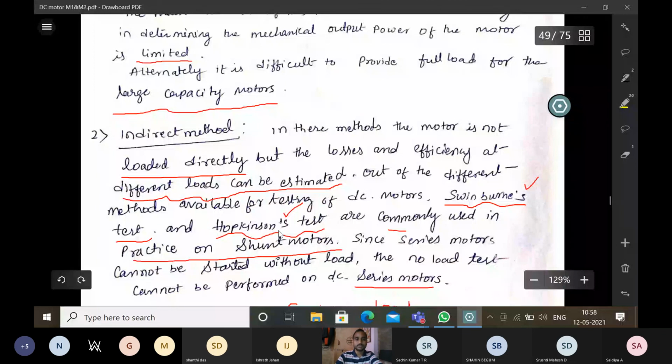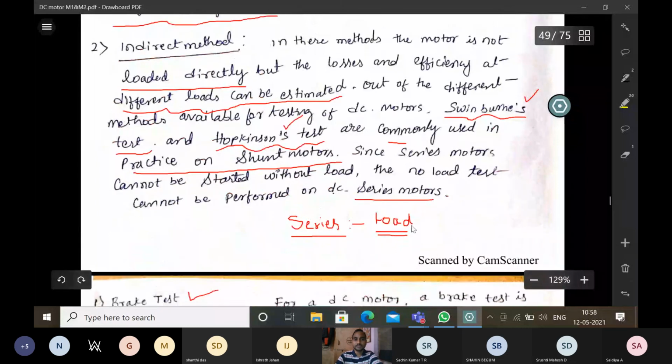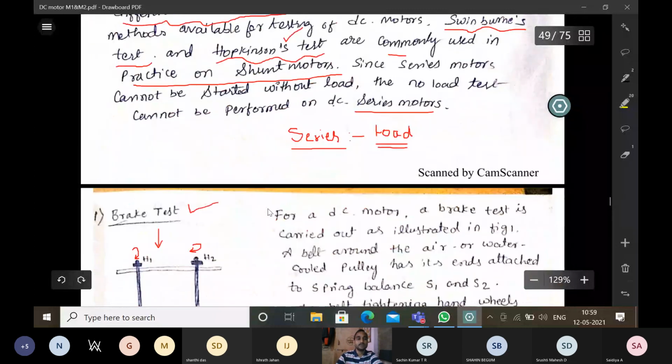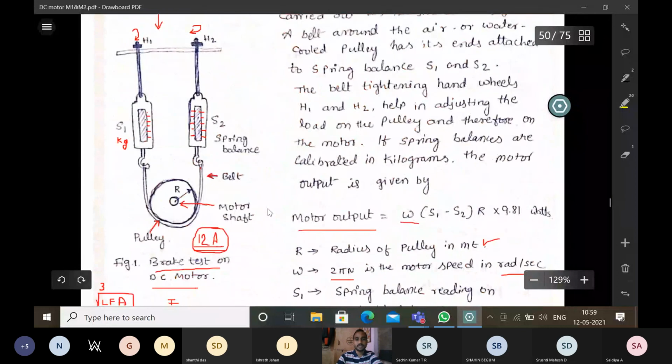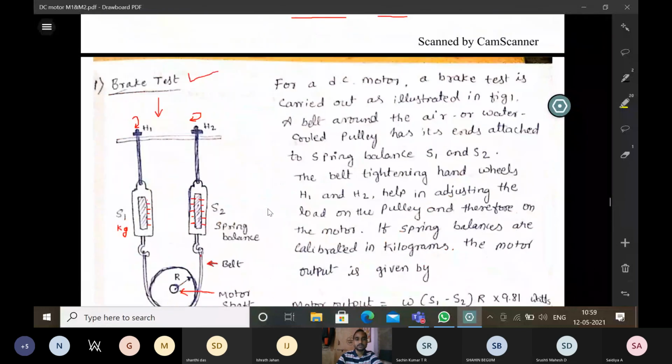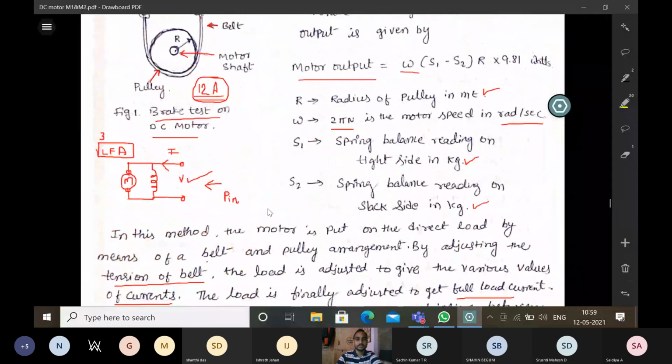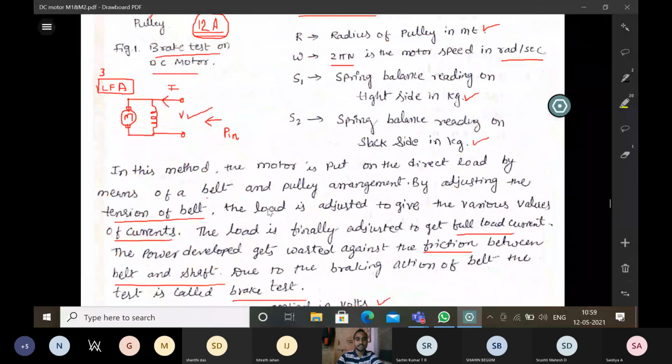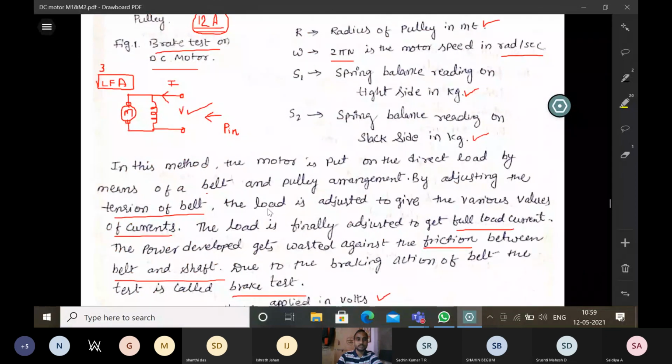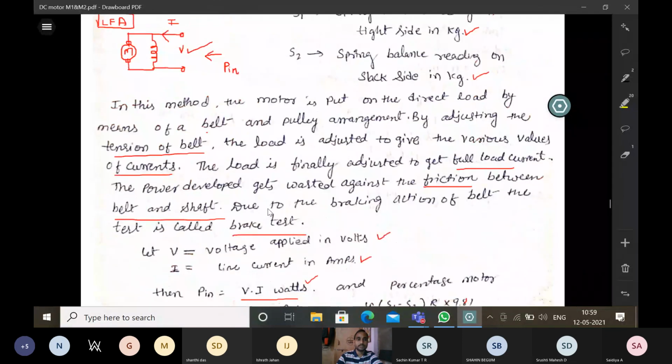The indirect method is not performed for series motor because it will start with load. In the indirect method it is a no load test. We have discussed the brake test in detail, how to calculate the output power and efficiency using the brake test, and the disadvantages of this method.